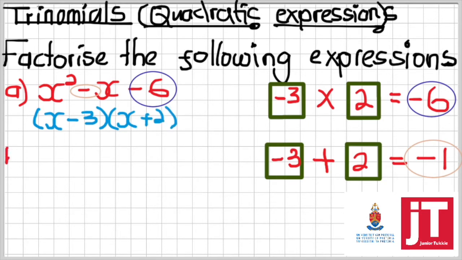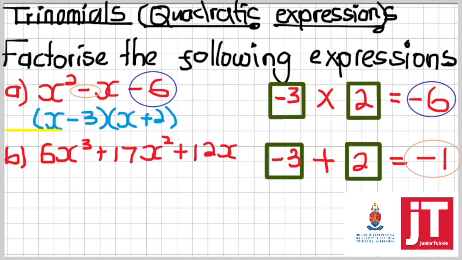We move on. We are given part B, 6x to the power 3 plus 17x squared plus 12x being the given expression. Although it doesn't look like a trinomial, if you know your rules of factorization, there is a common factor of x throughout the three terms that make up that expression.